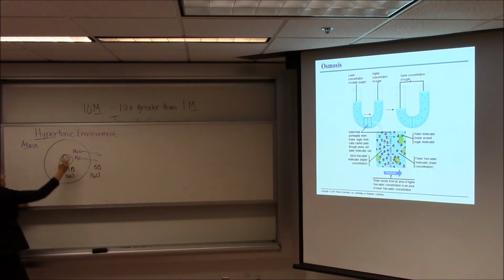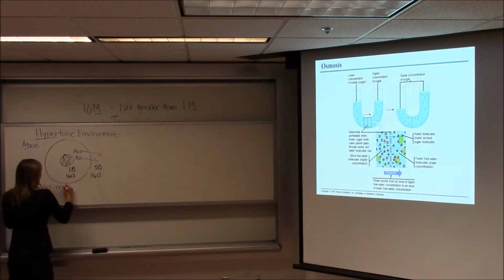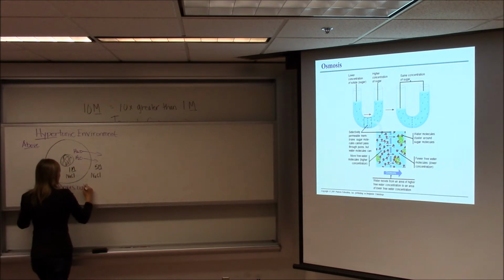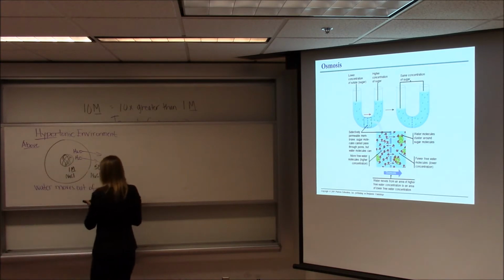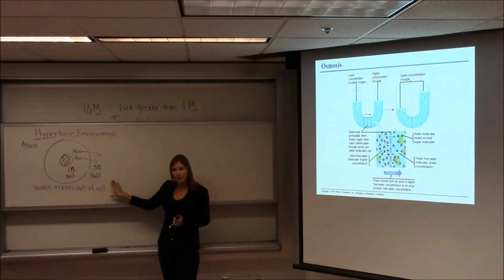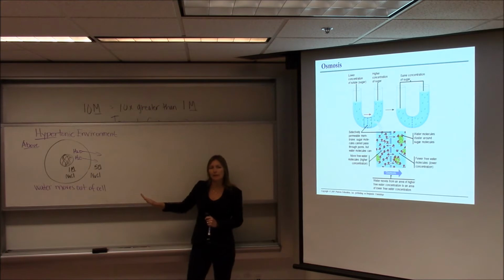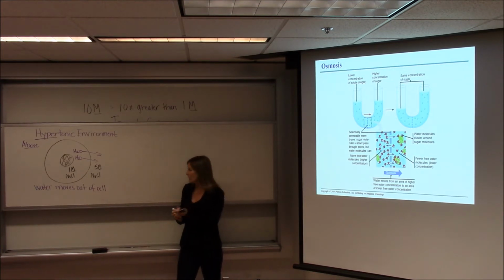So in this hypertonic environment, water tends to move out of the cell. And over time, whether this is a plant cell or an animal cell, what do you think is going to happen to that cell if water keeps moving out? It's going to shrink. It's going to shrivel up.